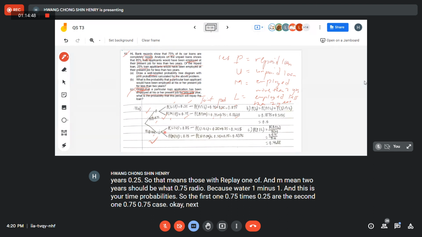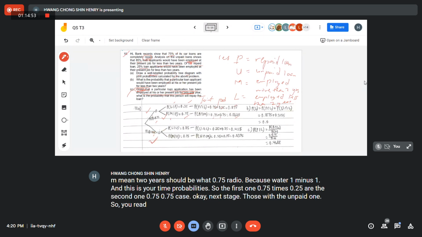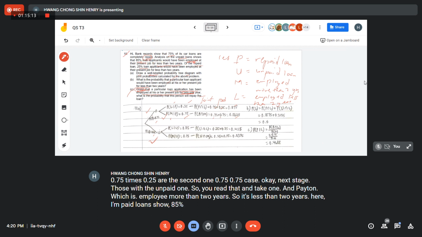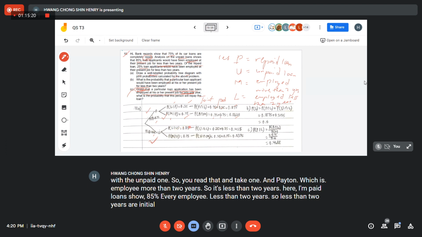Okay, next stage. Those with the unpaid loan. So you read the unpaid one. Unpaid loans show 85% have been employed less than 2 years. So less than 2 years, with the condition unpaid, is 0.85.